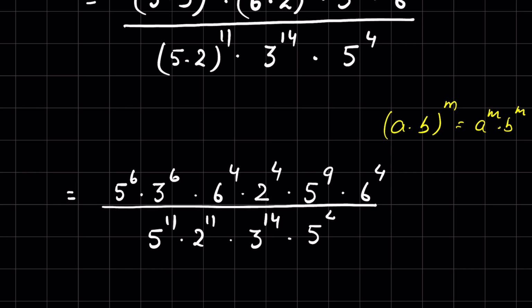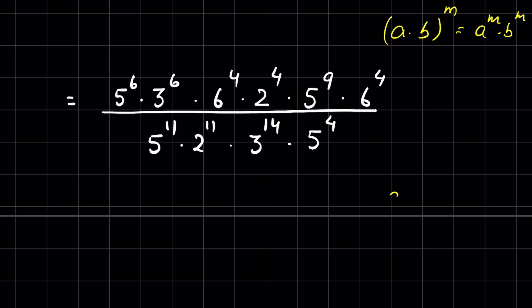Now there is an identity: if a to the power m times a to the power n, then this is equal to a to the power m plus n.